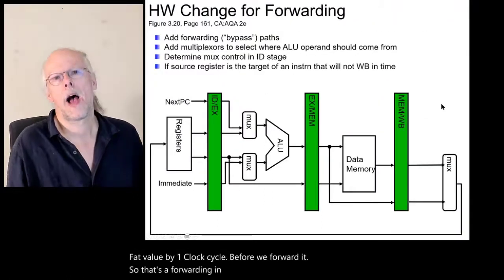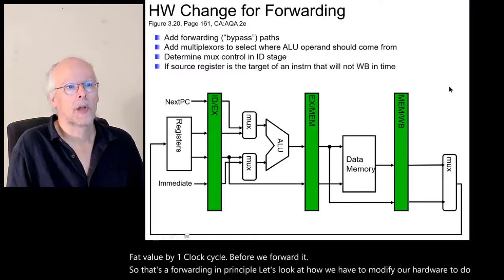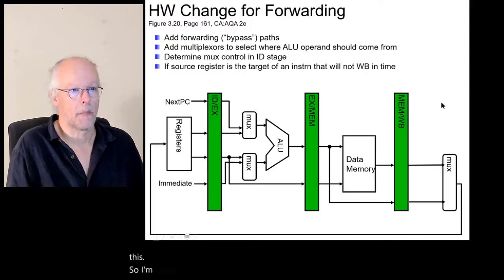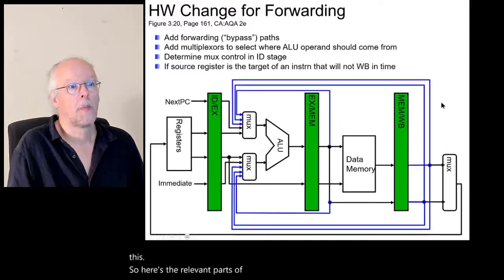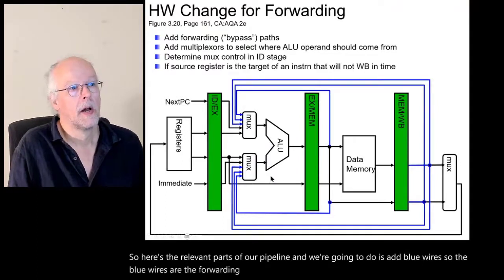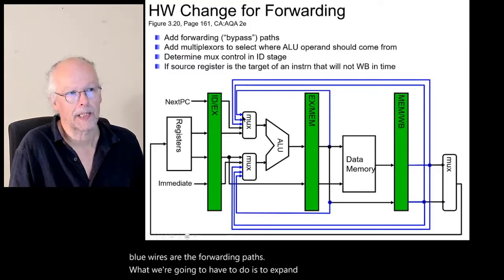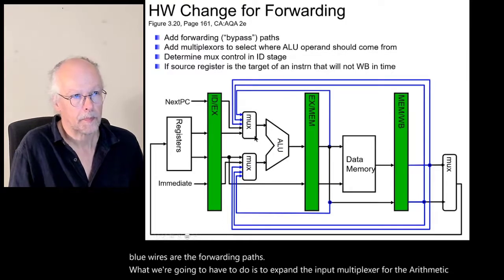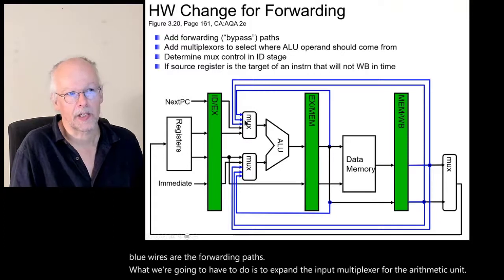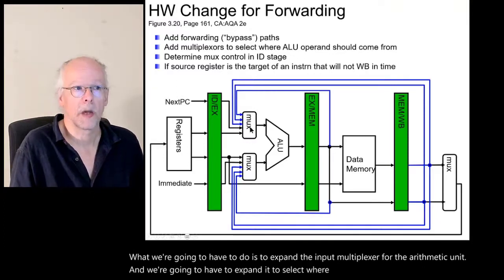Let's look at how we have to modify our hardware to do this. So here are the relevant parts of our pipeline. And what we're going to do is add blue wires. The blue wires are the forwarding paths. We're going to have to expand the input multiplexer for the arithmetic unit, to select where the operand is supposed to come from.